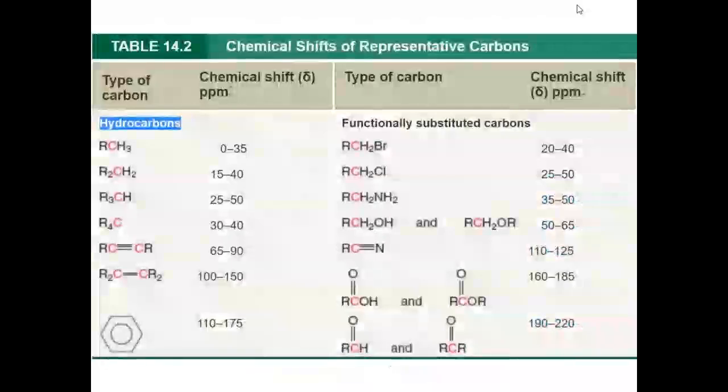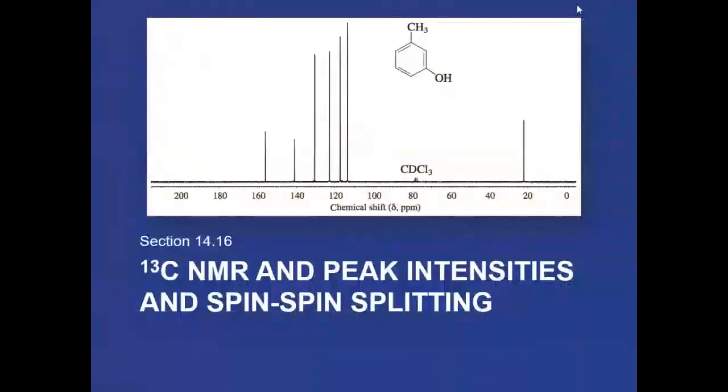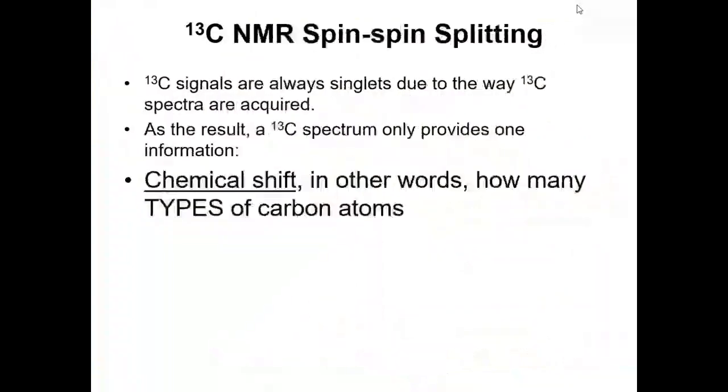So if you want to decode the local environment of carbon from its chemical shift value, you can make use of this table. Okay? This table will be provided if you're asked to decode carbon 13 NMR, so you don't need to memorize it.